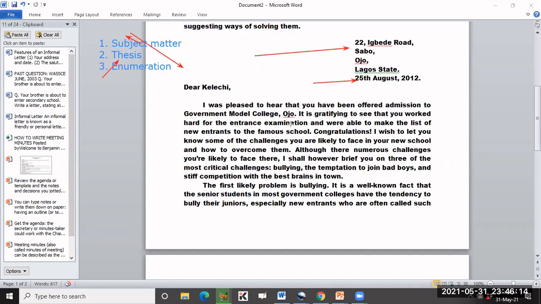There are two ways of writing your first paragraph in an informal letter. You may choose to begin with personal inquiries: How are you? How is your business? How are the people at home? All these are acceptable.